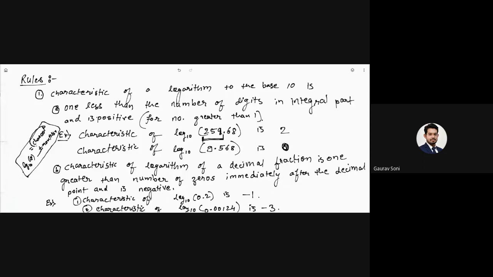Characteristic we have understood. Now the question is about the mantissa. I have already conveyed that you must have your scientific calculator with you for today's lecture. So please open your log tables. Let's turn to the rules to find the mantissa.